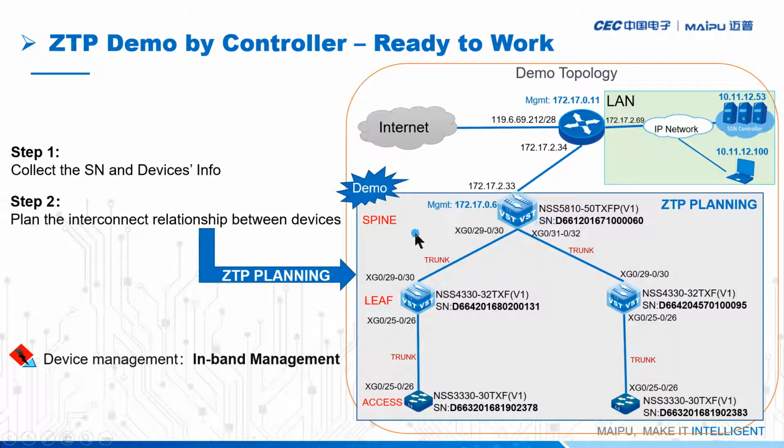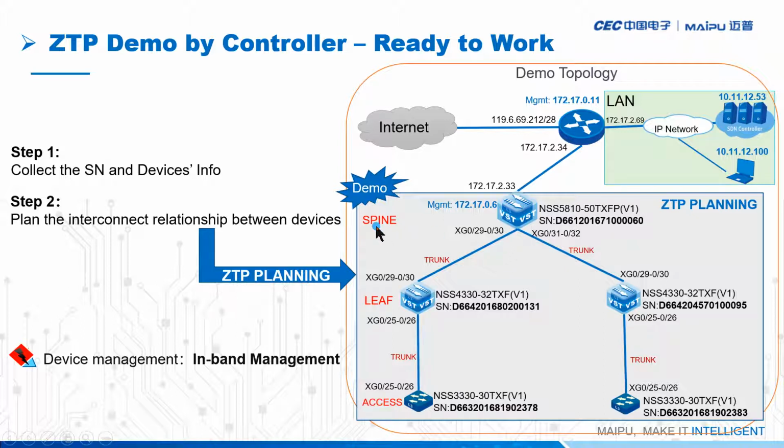Okay, and there are one spine, two leaves, and two axes. The serial number of the spine is D6612016710060.